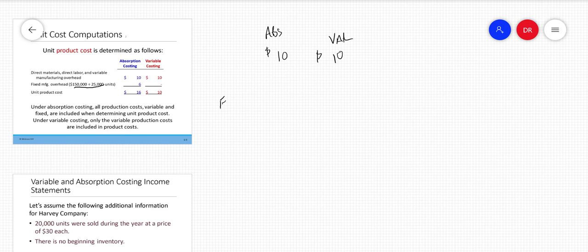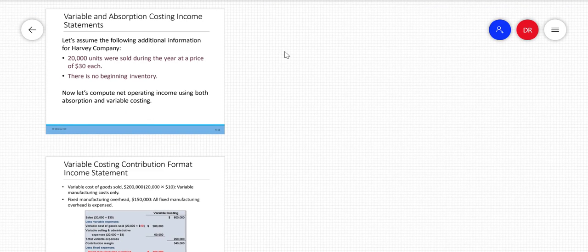So we take fixed overhead of 150,000 divided by 25,000 units, giving us a cost per unit of $6. That's how we wind up here.